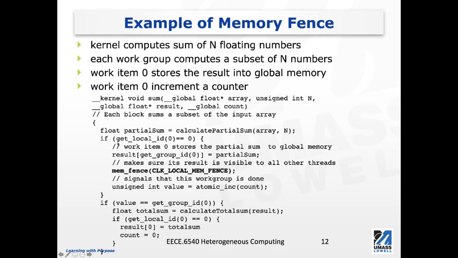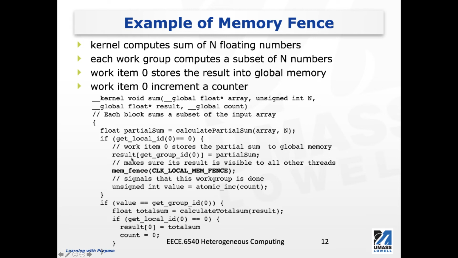And then we use get local ID 0 to find out whether this is work item 0. If this is work item 0, we want this work item to store the partial sum to the global memory. So we assign this partial sum into this location within the result buffer.